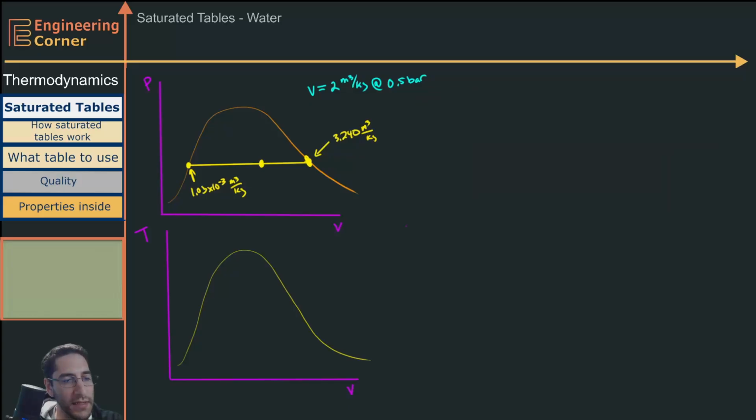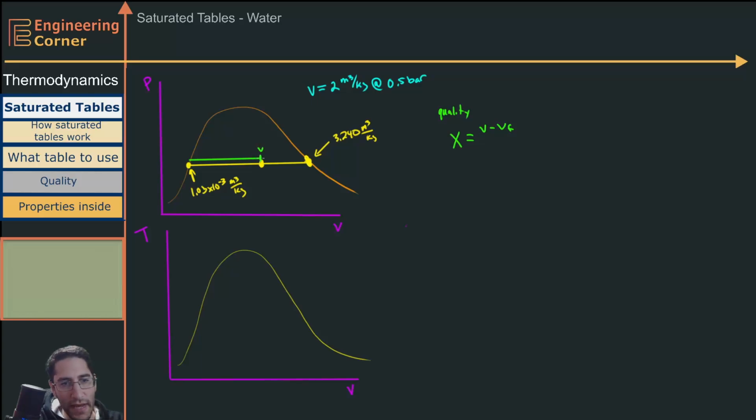And we call this quality. We're going to call it an X. This is my quality. And all I'm trying to really do is figure out the percentage over that I am from this point of this entire distance. So the quality is going to be V minus VF.